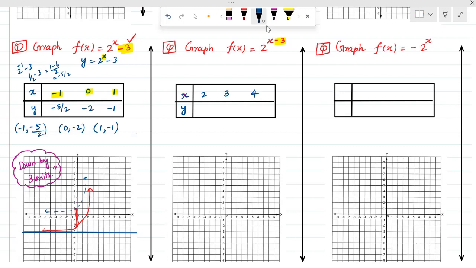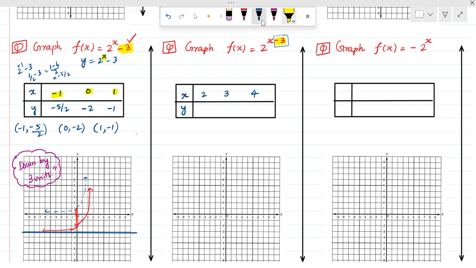Why are we choosing 2, 3, 4? Because if I use -1, 0, 1, then substituting -3 gives 1 over 2 power 3, which is 1 over 8. This is very difficult to find in the graph. That's why we are not calculating the fraction. So to avoid the fraction, I directly go to 3, and one number less, one number more.